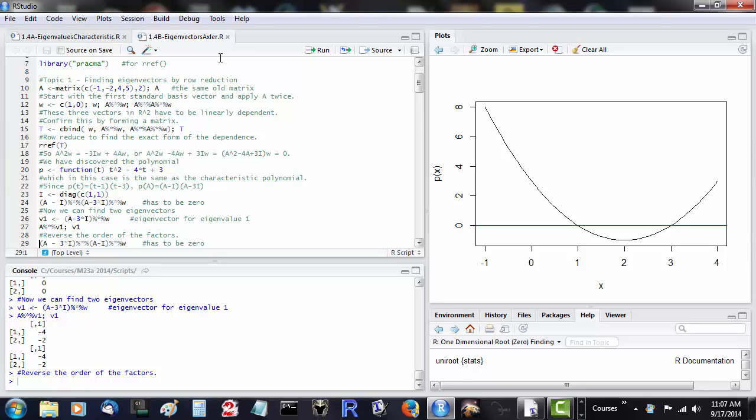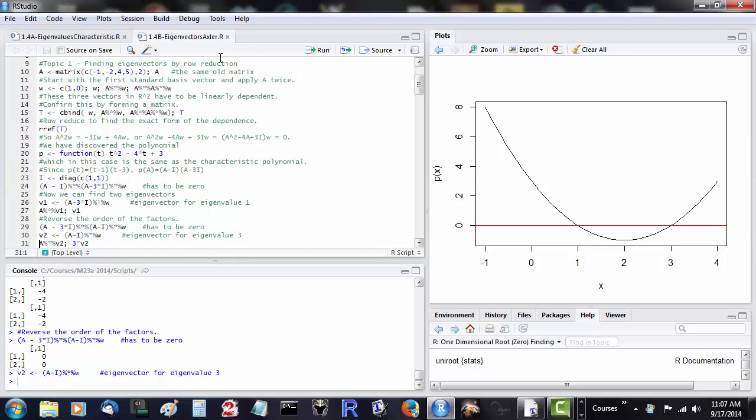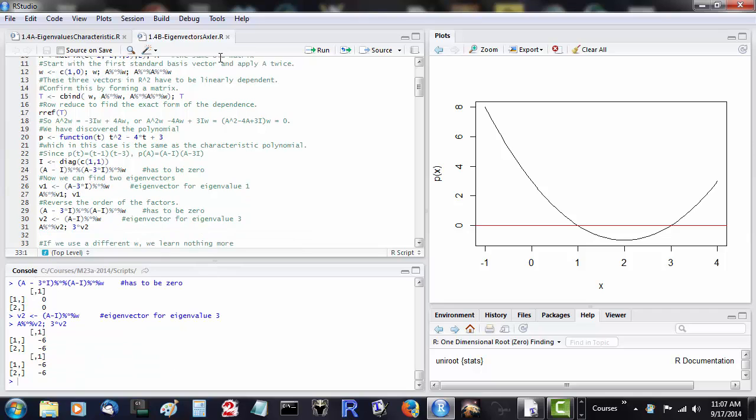All polynomials in a given matrix commute with one another, and therefore I can reverse the order of the factors, and now I argue if I hit W with A minus I, I get a vector V2, which has to be an eigenvector with eigenvalue 3, because when I hit it with A minus 3I I get 0. Well, we found two eigenvalues, two eigenvectors, not much more to learn.